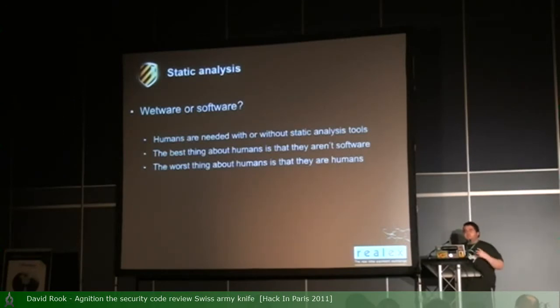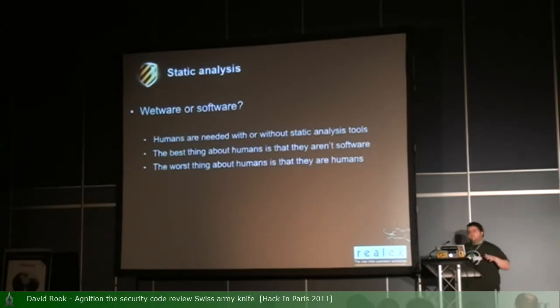But then the worst thing about humans is that they are humans. And the problem with using humans for security code reviews in particular, or for today at least, is that the human brain is the limiting factor. So it's not like a piece of hardware you can put a bit more memory or a new processor in. When the limitation is the human brain, or more specifically, the amount of time a human can spend concentrating on a difficult task, then there isn't too much you can do to improve that.